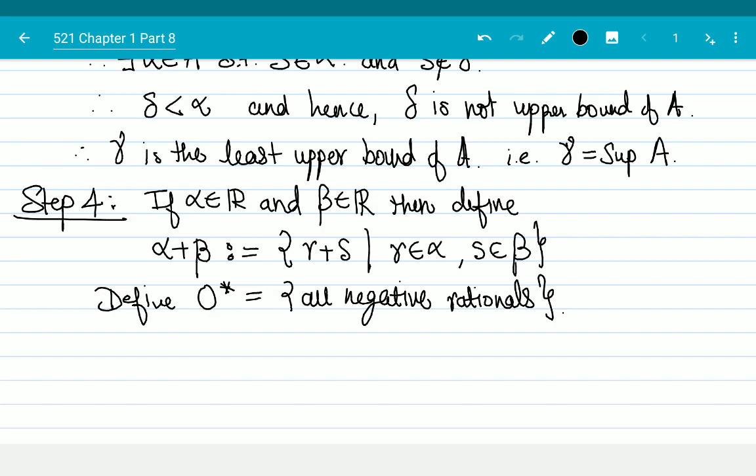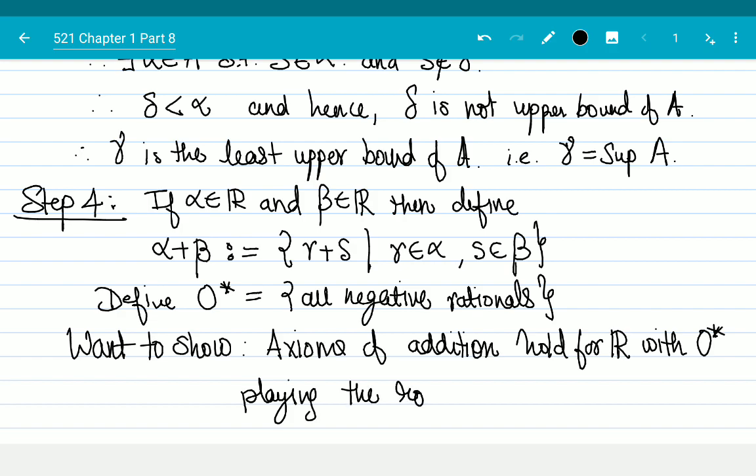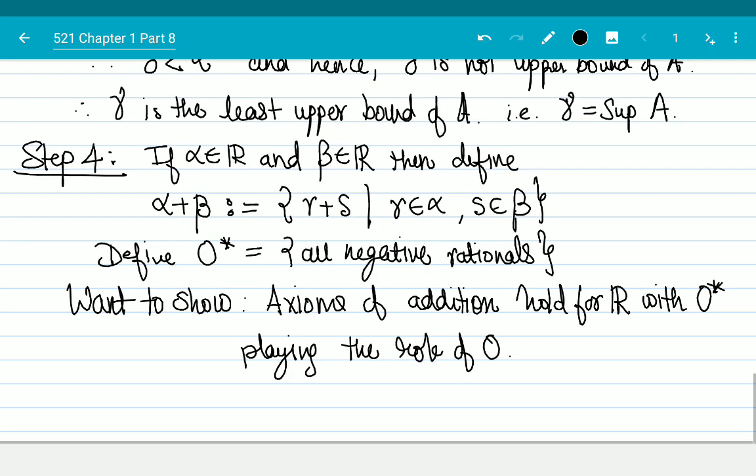Now we want to show that the axioms of addition hold for this definition of R, with 0 star playing the role of 0. Okay?